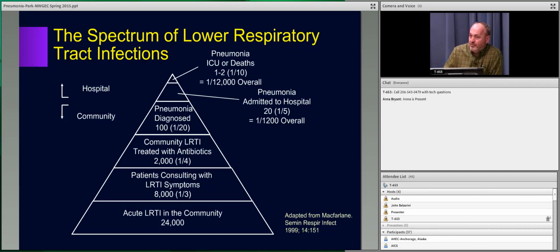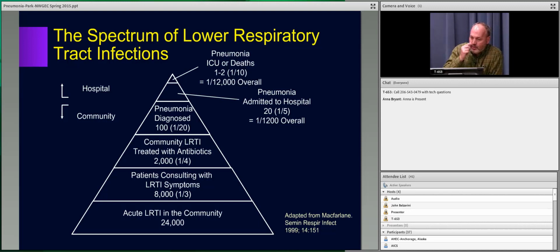Most of those people do not ever seek care, but about 1 out of 3 of those people will come to the doctor's office, 8,000, and about 1 out of 4 of those 8,000, so 2,000, will actually be treated with antibiotics. Only about 1 out of 20 of those patients, 100, will be diagnosed with pneumonia.